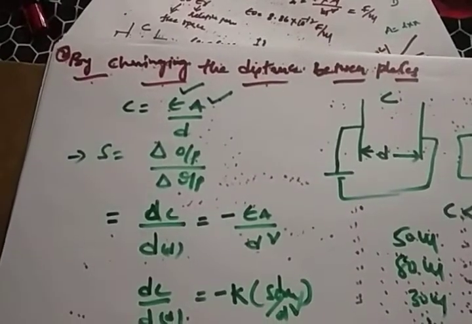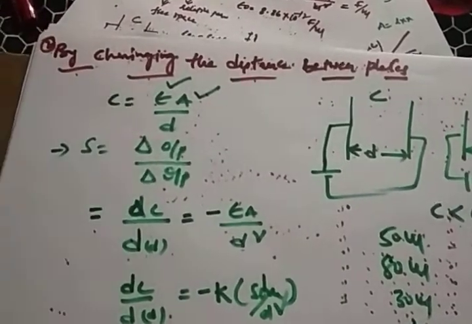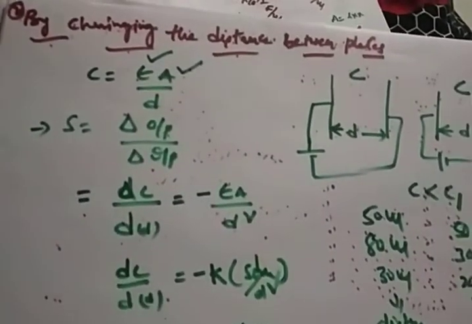A change in area means displacement is converted to a change in capacitance, dielectric is converted to capacitance, and the distance is converted to capacitance, right? So these are the things for this session.